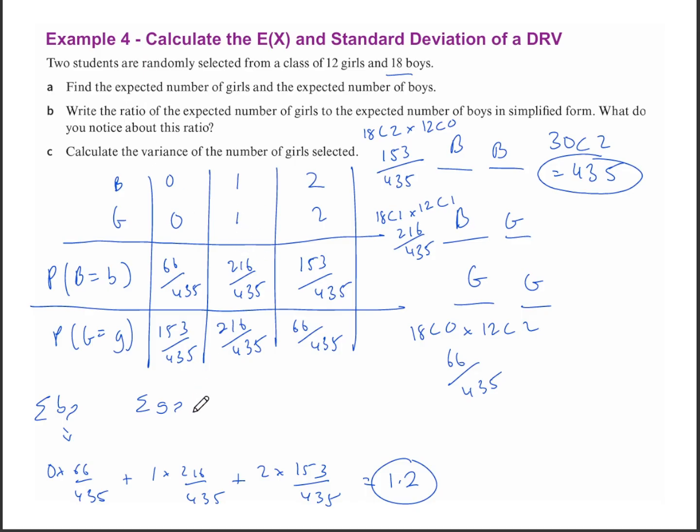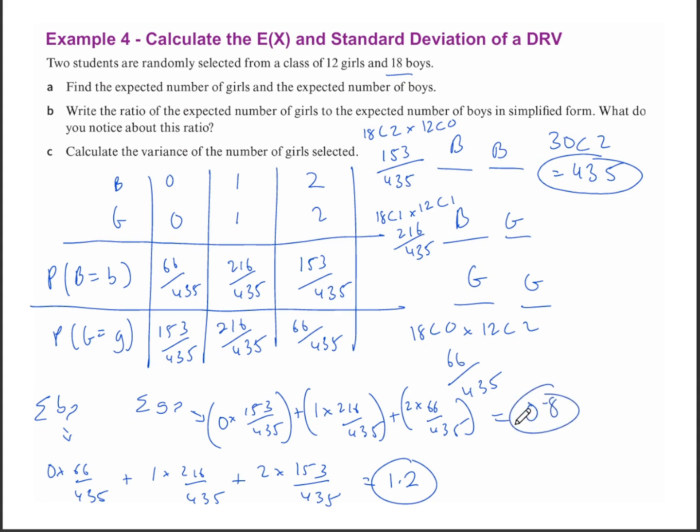Then for our expected number of girls, we're going to have 0 times 153 over 435 plus 1 times 216 over 435 plus 2 times 66 over 435. This gives us the expected value for the number of girls to be 0.8.